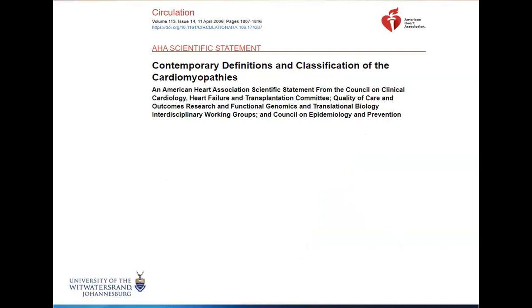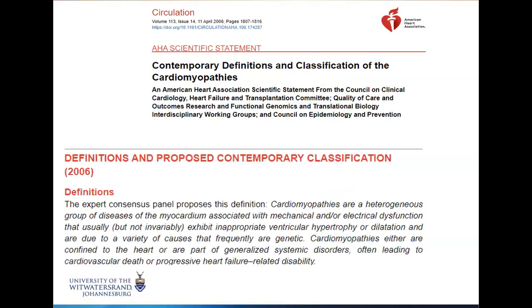I think this definition of cardiomyopathy, which is about 18 years old, is still relevant even to this day. So this consensus document identified key things that you need to look at for you to say, this is a cardiomyopathy. These are heterogeneous groups of conditions of the myocardium, which are associated with mechanical or electrical dysfunction.